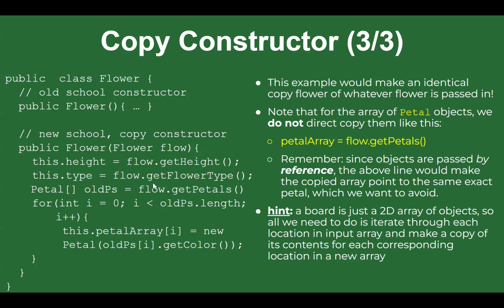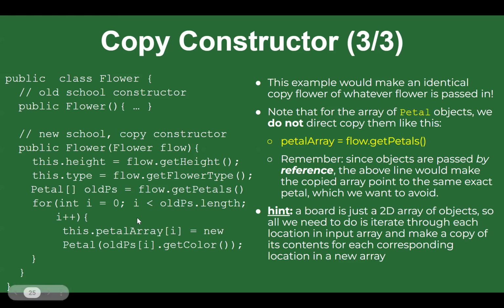But then for the actual petals in the flower, rather than just setting the petal array to be the same as the old petals, we have to create new petals so that there are new objects in the petal array that don't reference the old petal array.